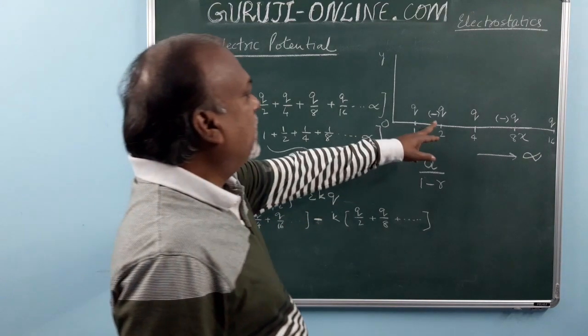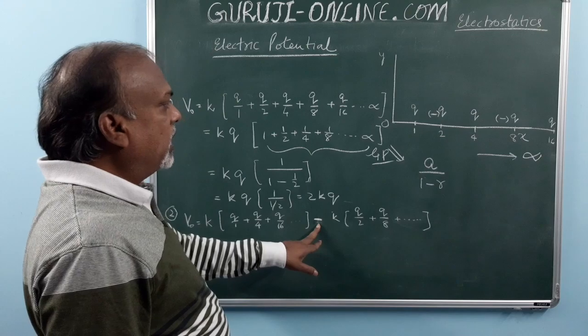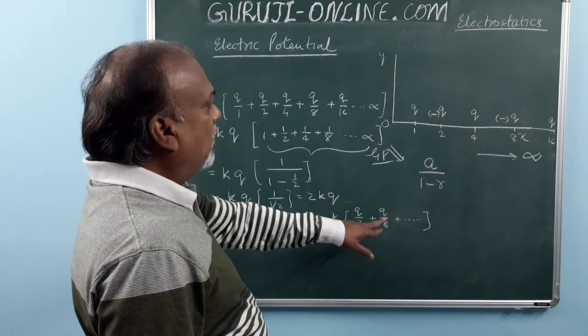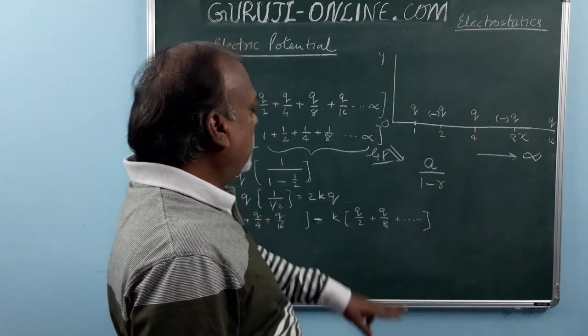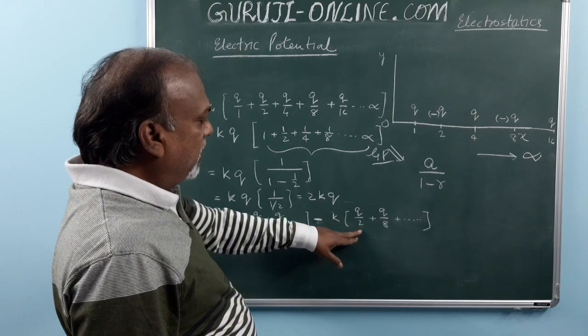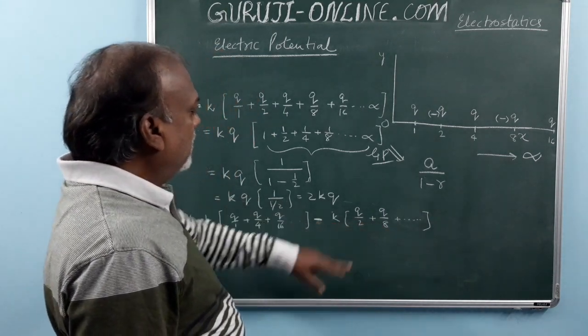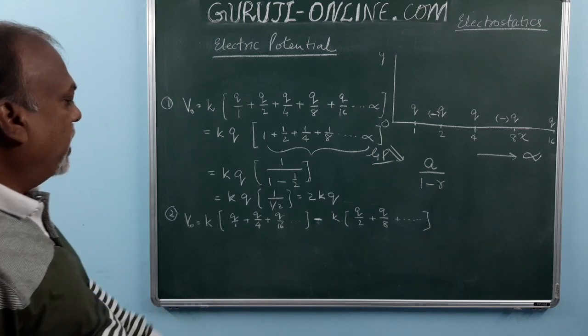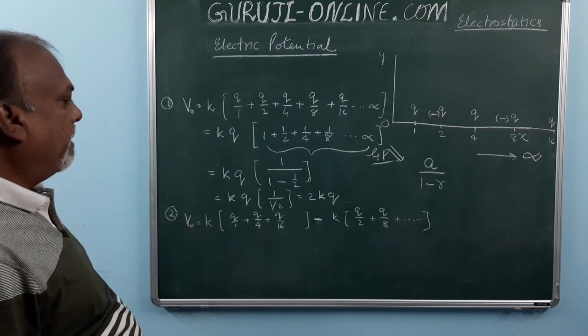This will be minus Q upon 2, minus we have taken outside. So all these factors which are minus will be summed here, and the positive factors will be summed here.